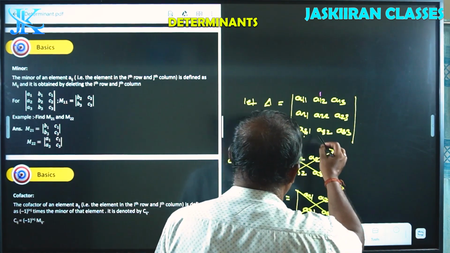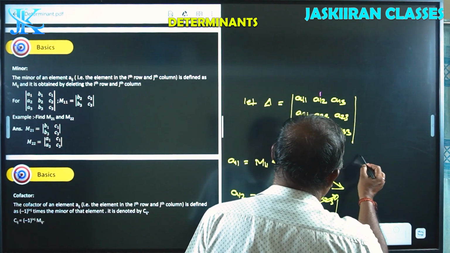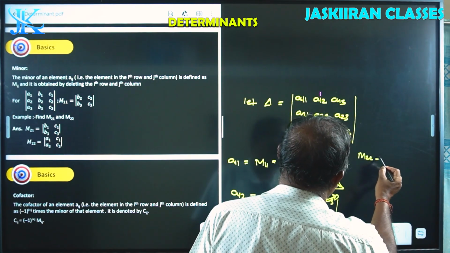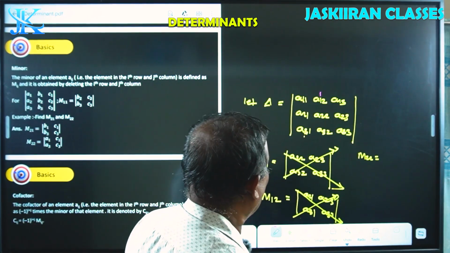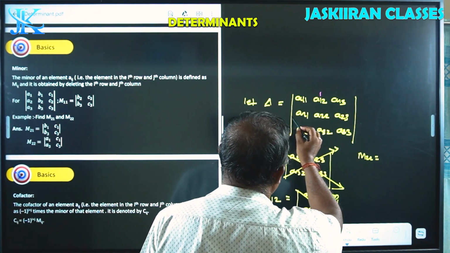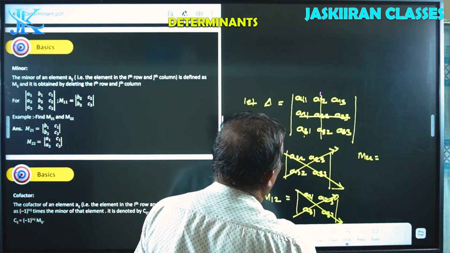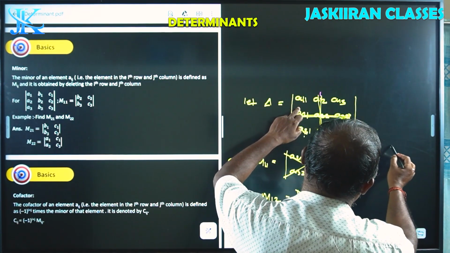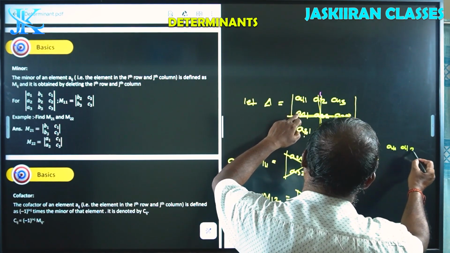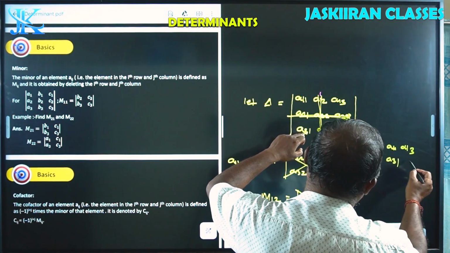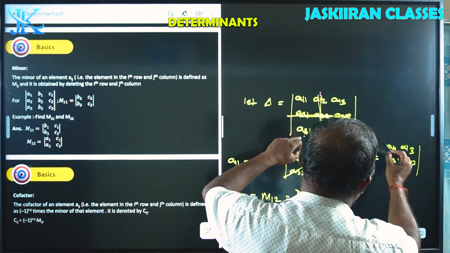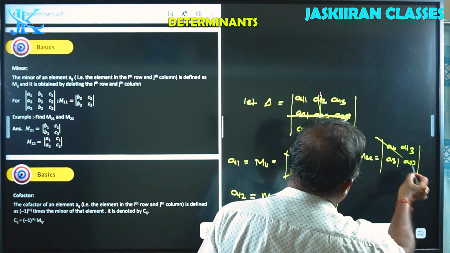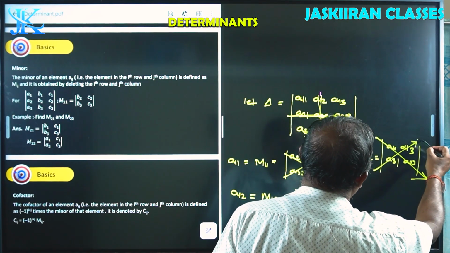Similarly, suppose we have to get the minor of M22. How to get M22? Now, omitting the second row and second column. So that gives A11, A13, A31, A33. Then principal diagonal and secondary diagonal.